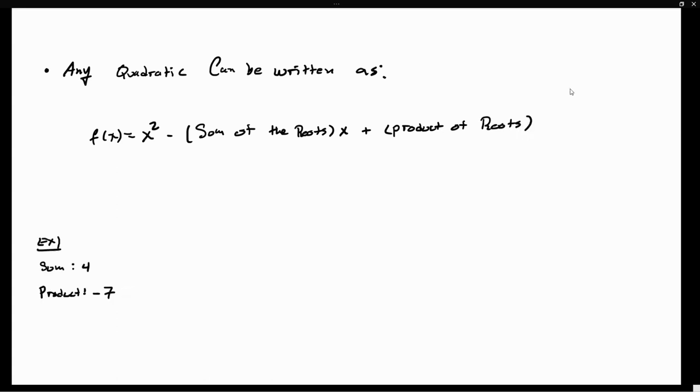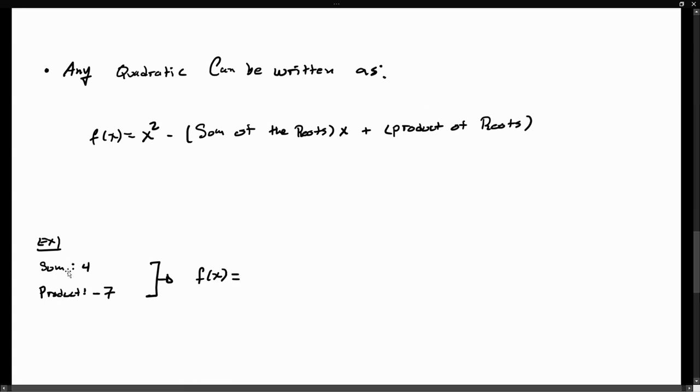Let's do one quick example to demonstrate that. So we have stated that for any quadratic, if we know the sum of the roots and we know the product of the roots, we can properly define any quadratic that has that characteristic using this following statement. So let's just come up with that. So here we have two statements about a quadratic.